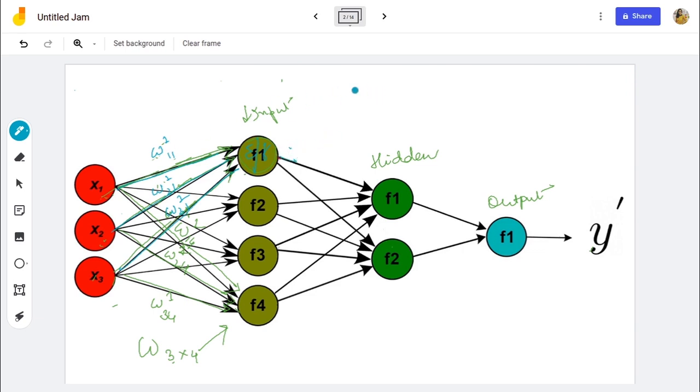So let us write this in the form of a function. So the first thing, let us represent this as Z. Z is actually the summation of the multiplication of the weights with the inputs.